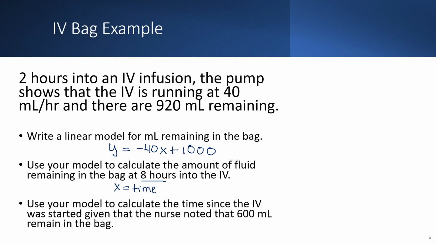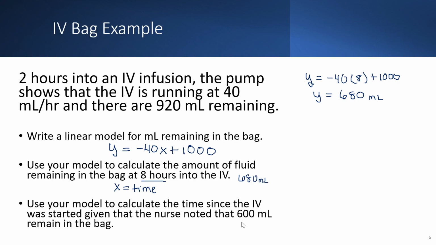And so I will plug this 8 into my formula for the x. So I have y equals negative 40 times 8 plus 1,000. And I am literally going to my calculator and I am typing this into my calculator. So I type negative 40 times 8 plus 1,000, and my calculator tells me that in 8 hours, there's only going to be 680 milliliters remaining in that bag. And so I've answered the second question, 680 milliliters.